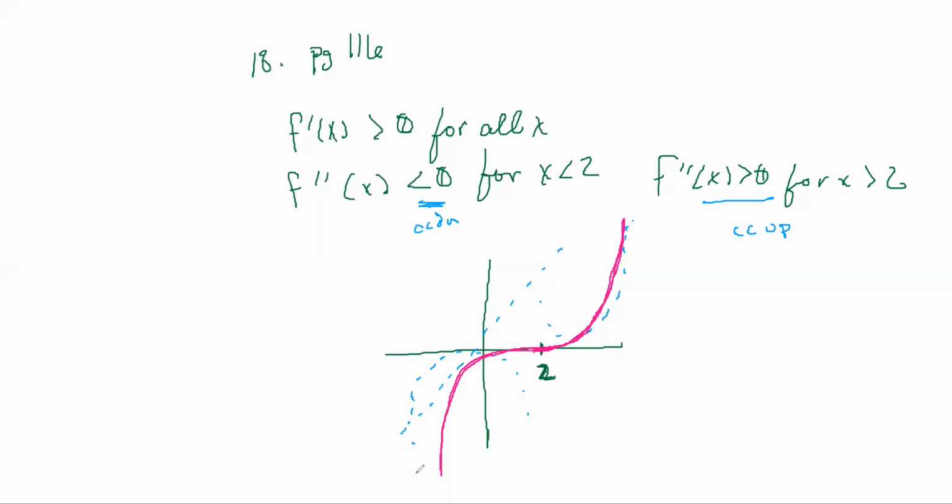I reminded myself I needed to be constantly moving up. So I'm double checking, f prime of x is always greater than 0, or I guess equal to 0 at this point. So it should probably be something a little more like that.